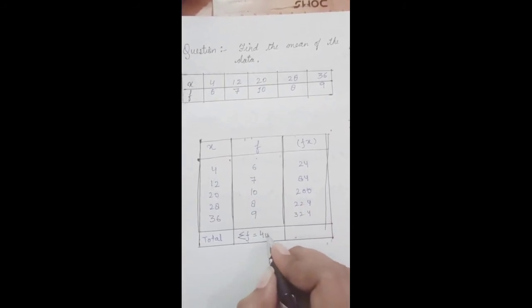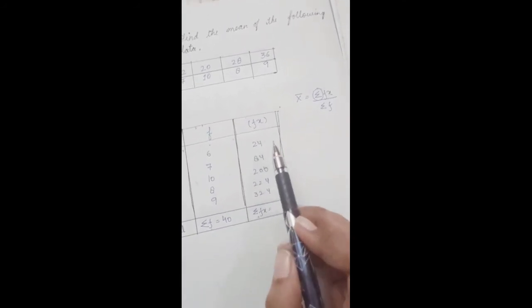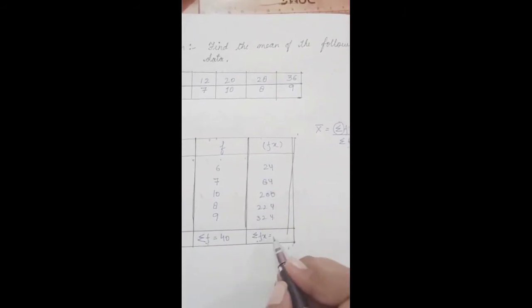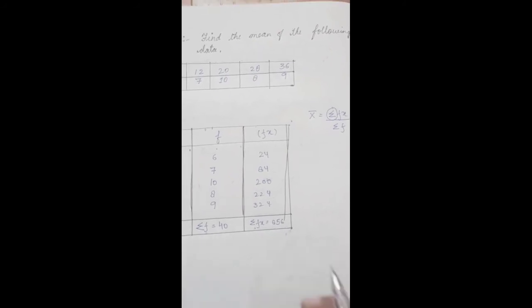When you add these numbers, you will get 40 here. Now we write here sigma fx. That means we are going to write the sum of the product of f and x. Now when you add this, you will get 856. This is how you have to construct the table to calculate the mean.